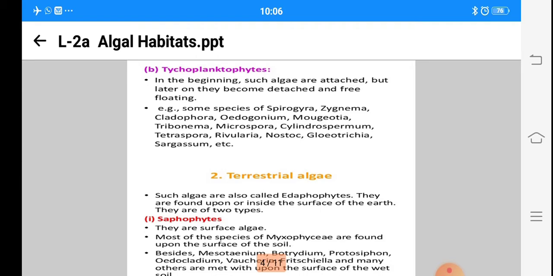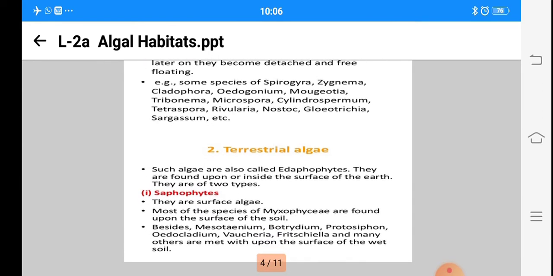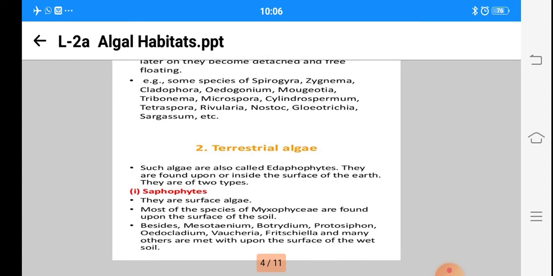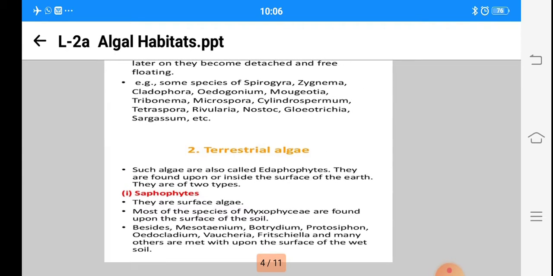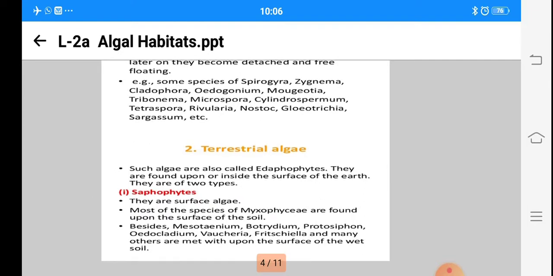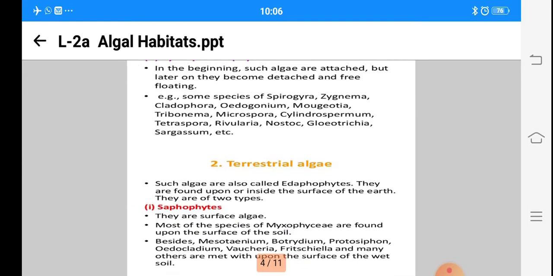Then terrestrial algae are commonly found on our soil surface, generally on the surface of the earth, and they are of two types. As we know, after the first rain, second rain, there are algae. In Marathi we call it shevala. So it is seen on the soil surface.